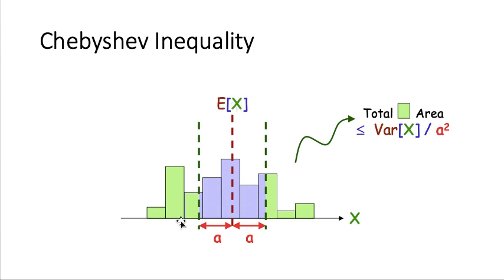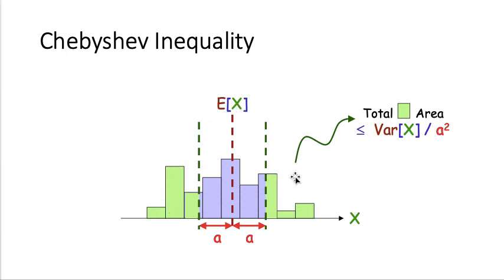Suppose that the rectangles here are depicting the probability distribution of the random variable X. And let's say this brown line here represents the value of expected X. So we are interested in the total probability of the area outside the range of a away from E[X].